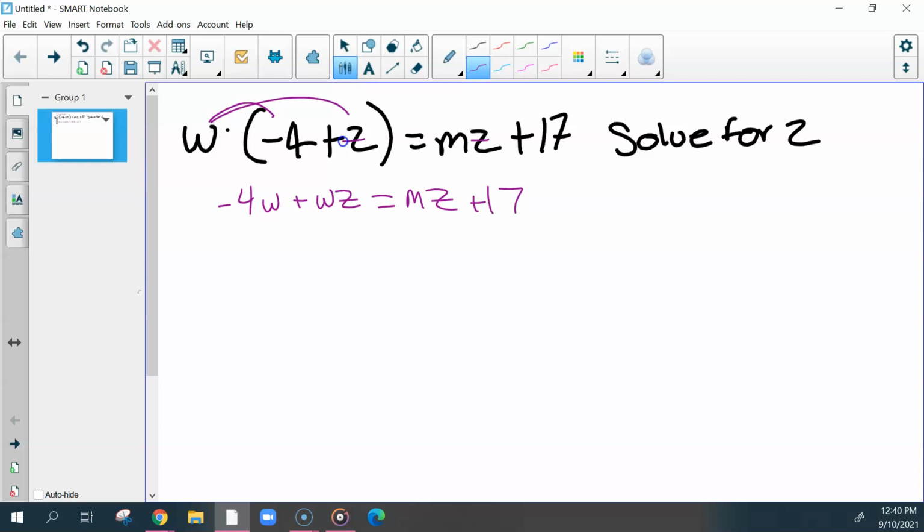Now I have two terms with Z's, but they're on opposite sides. So we need to move them both to one side and everything that doesn't have a Z to the other. Doesn't really matter which. I'm going to move MZ over.